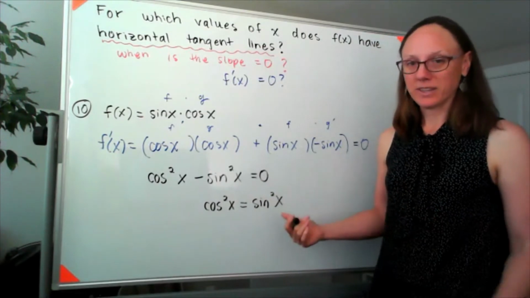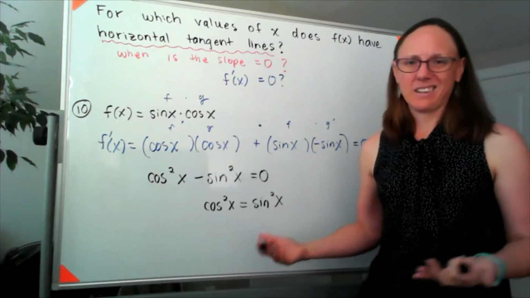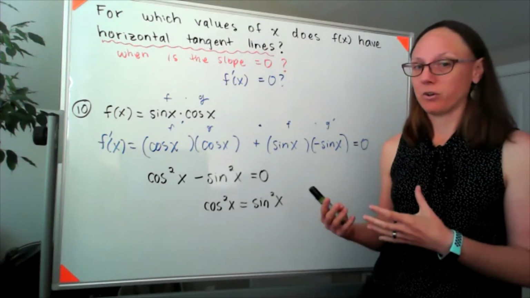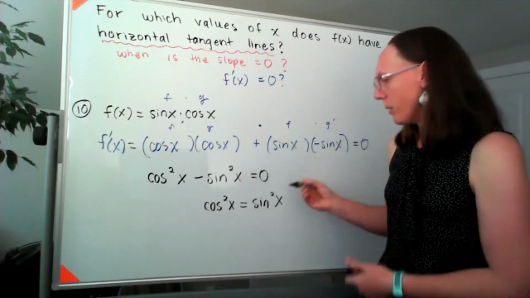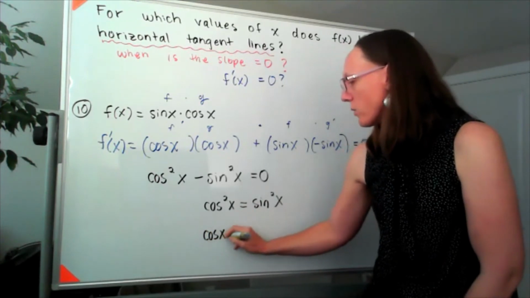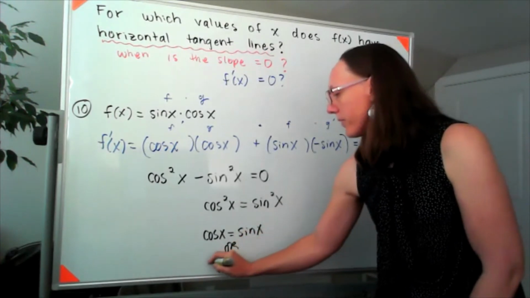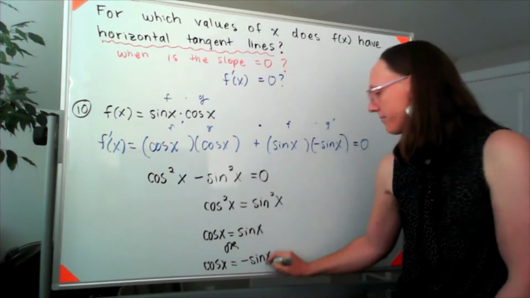And the reason that I'm doing this is that's going to let me take the square root of both sides, and I know that I have to be careful when I take the square root of both sides because I'd end up with a plus or a minus. So this means that I'm looking for the places where cosine of x is equal to sine of x, or where cosine of x is equal to negative sine of x.